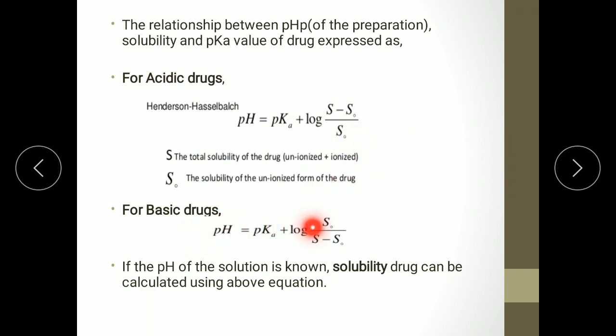Similarly for the basic drugs, a formula is there, and if the pH of the solution and the pK, that is the dissociation constant of that solution, are known, then the solubility of the drug can be calculated by using the above equation. If you know the pH and dissociation constant for a particular acidic or basic drug, solubility can be calculated by using this formula.